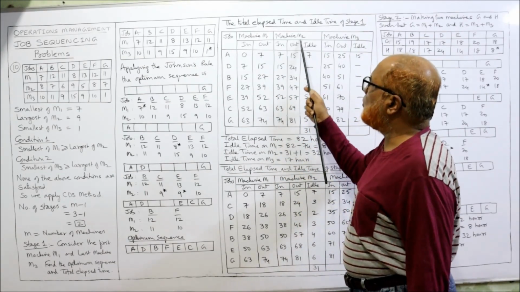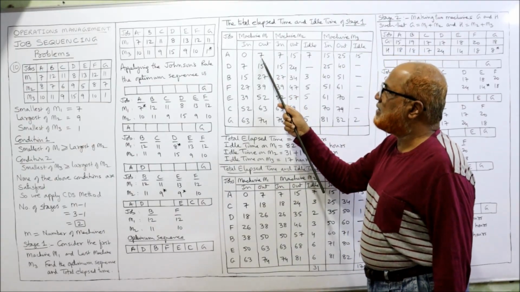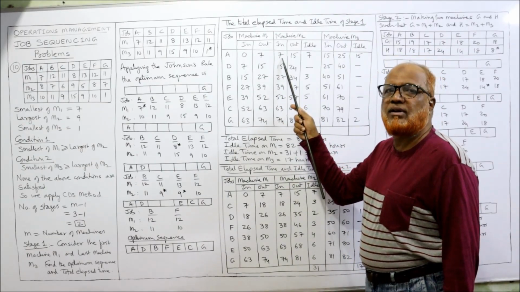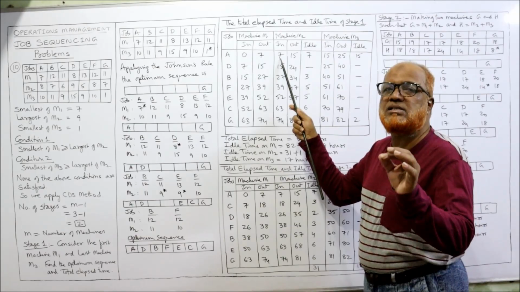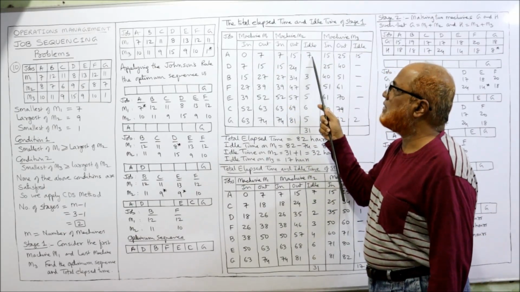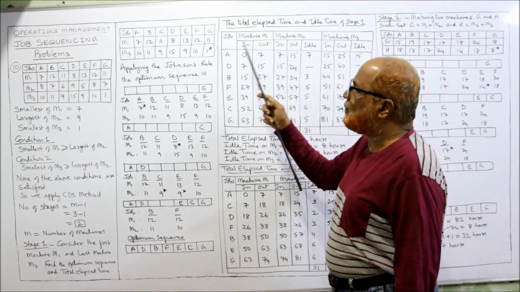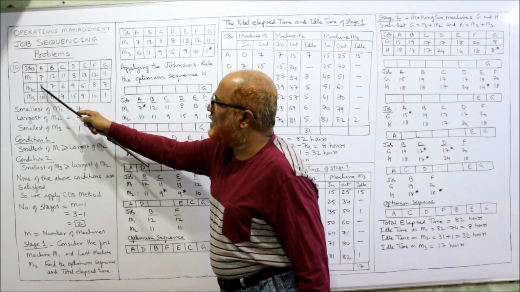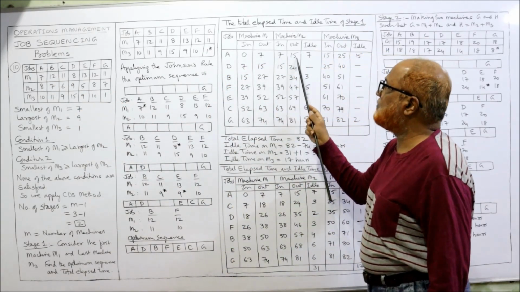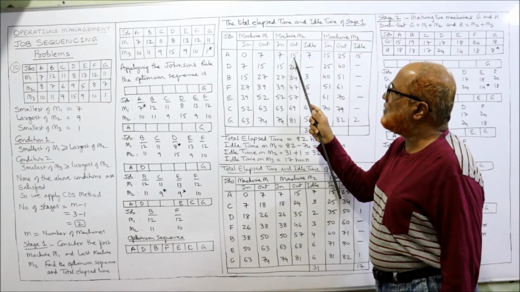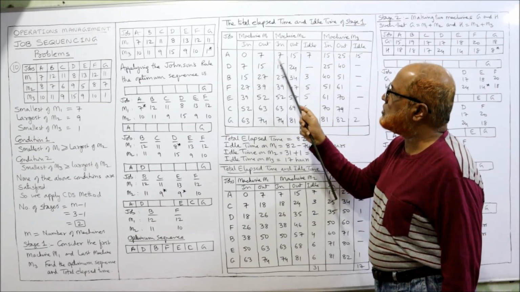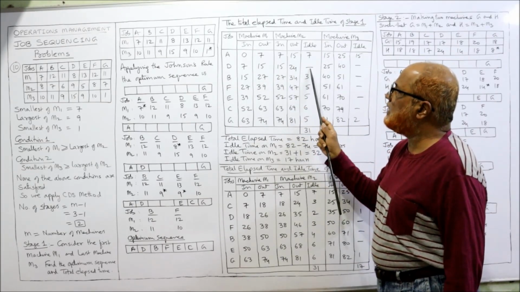Now we'll start M2. The out time is 7, so here it will start at 7. So the first 7 hours it is idle. Idle time 7. What is A on M2? It is 8. So 7 plus 8, 15. Now compare this 15, this out, with the previous out. Both are 15 only, so no idle time.